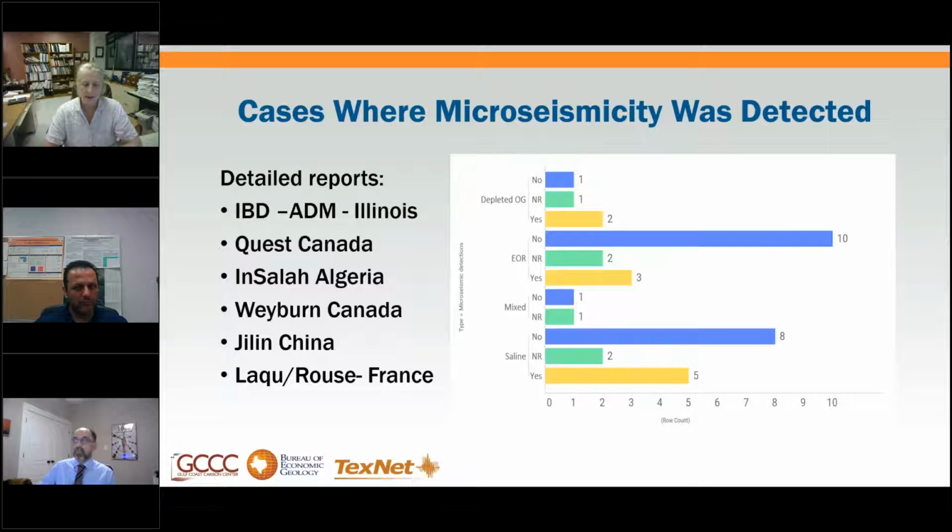The sites that have sparse information, many of them are very small. They didn't have a budget to measure seismicity. So there's quite a lot of data, and it's rather reassuring.